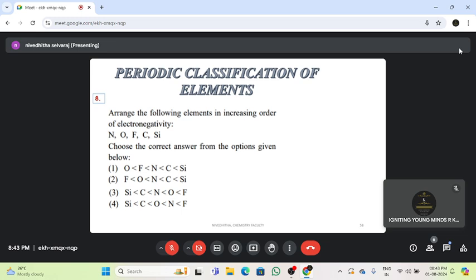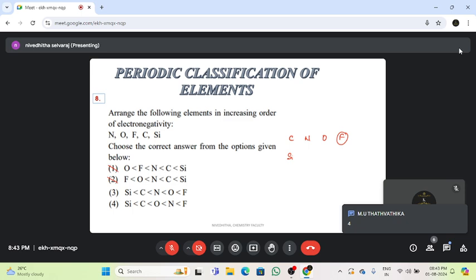Okay, let us see the positions. Carbon, nitrogen, oxygen, fluorine, and silicon is here. As we move from left to right in the periodic table, electronegativity increases. So fluorine has the highest electronegativity. So the first option and second option are ruled out.